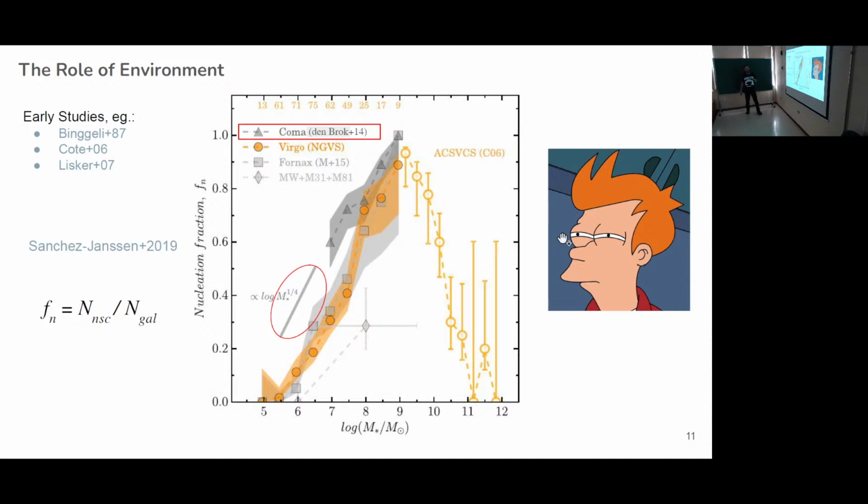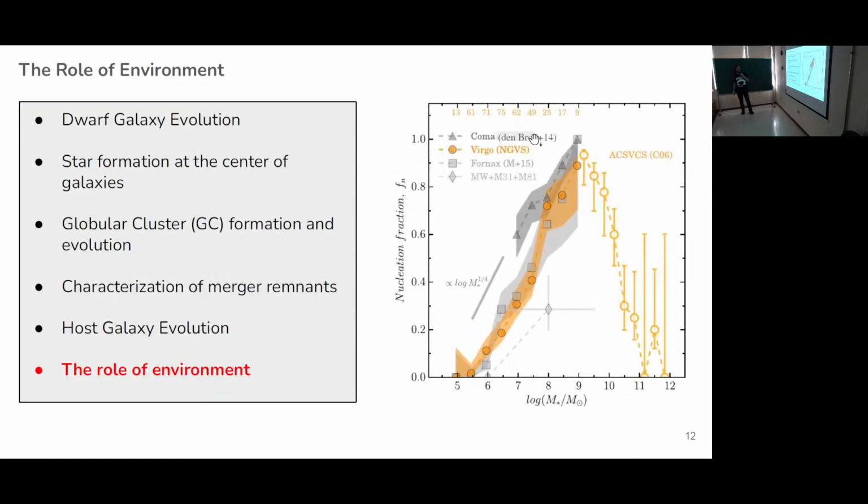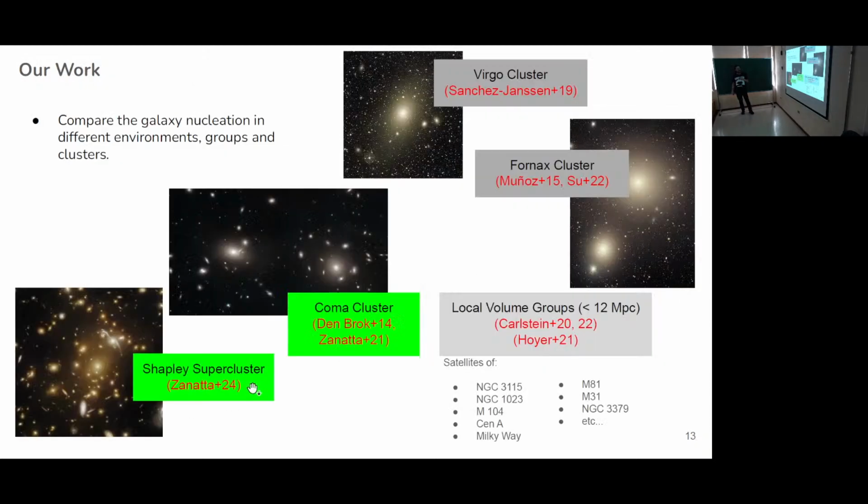It was exactly to fill this part of the plot with the low-mass end of the Coma environment, in order to test whether there really was an increase in nucleation in one environment compared to the other. So the environment is another aspect that can be studied using nuclear star clusters.